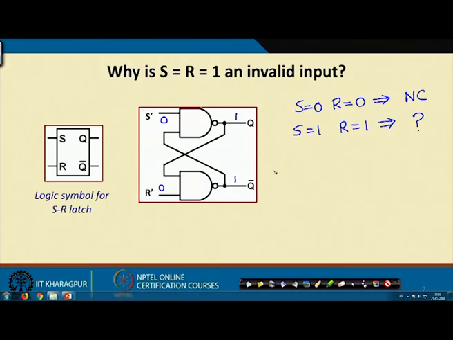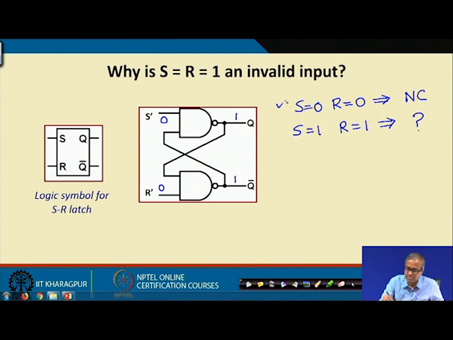Well, we are calling it invalid because you see this S equal to 0 R equal to 0 combination is supposed to be a combination which will not cause any change. So, what is the meaning of S equal to 0 R equal to 0, which means I have applied a 1 here and I have applied a 1 here. So, my circuit state was this 1 1.